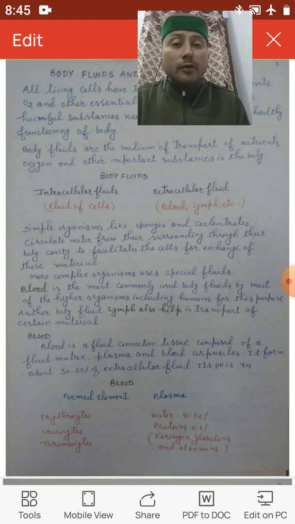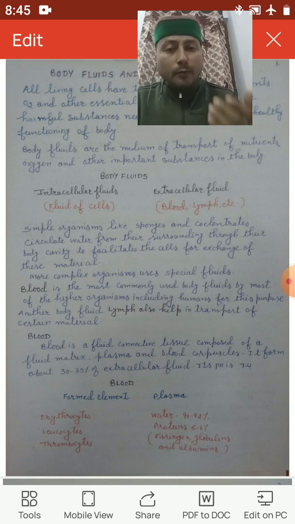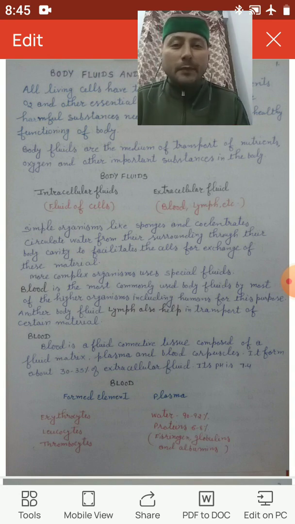Very simple organisms like sponges and coelenterates circulate the water from their surroundings through their body cavity, and that facilitates the exchange of materials with the cells. Simply, the food is diffused into the cell, oxygen is diffused into the cell, and the carbon dioxide which is produced is eliminated out.